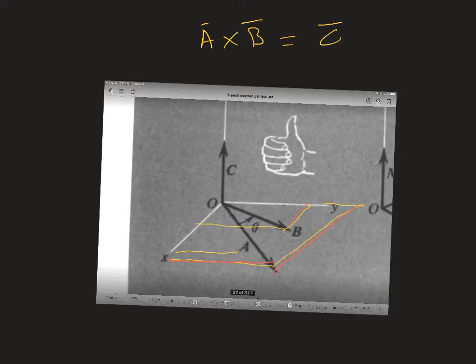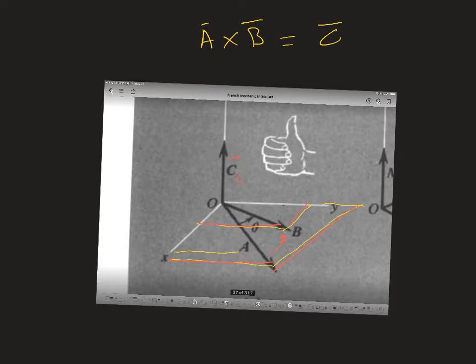Both vectors are on the plane XY because the plane that is formed between A and B is the plane XY. So see the hand of the guy. If you rotate A through B, you will generate a vector C that will go perpendicular to the plane in the direction given by the rule of the right hand.